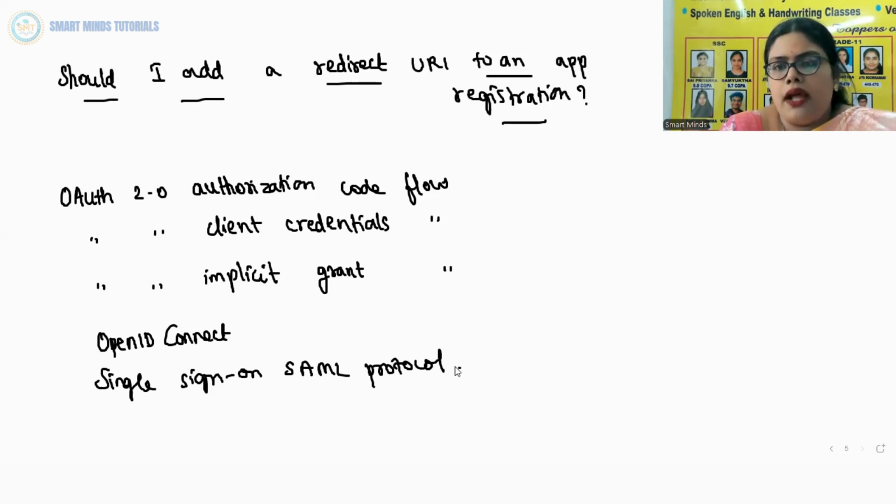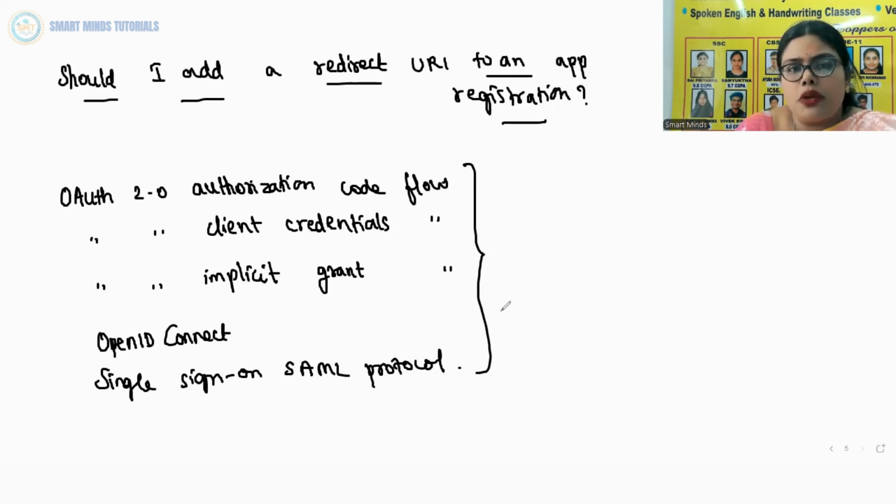We need to add appropriate redirect URIs to your app registration if your application is using any of these authorization protocols. If you are using these protocols, you need to add a redirect URI.